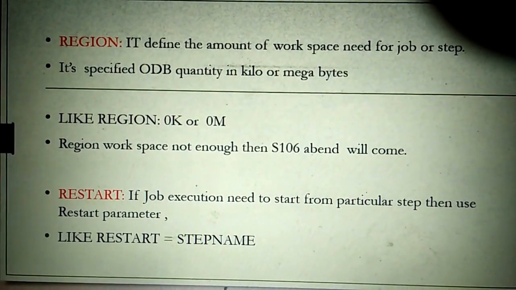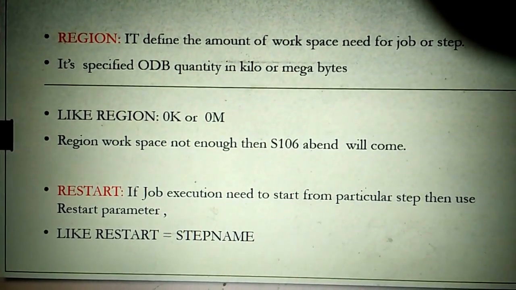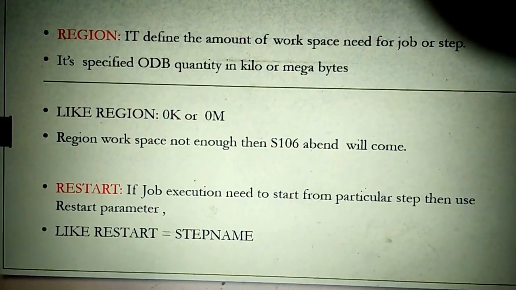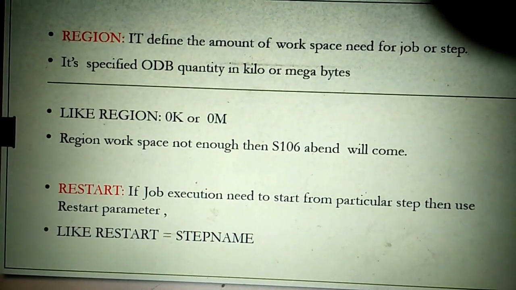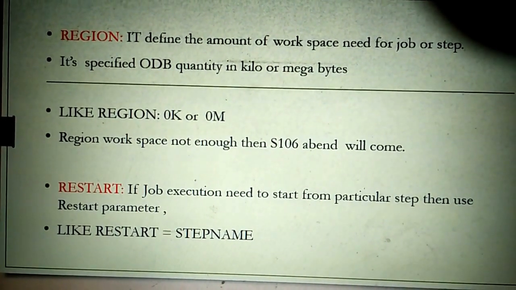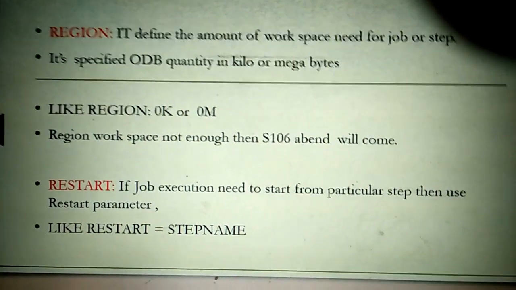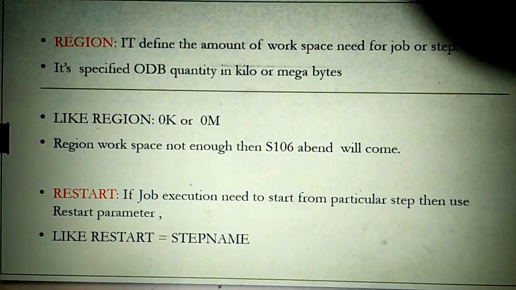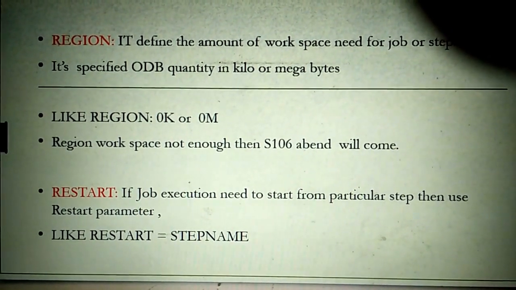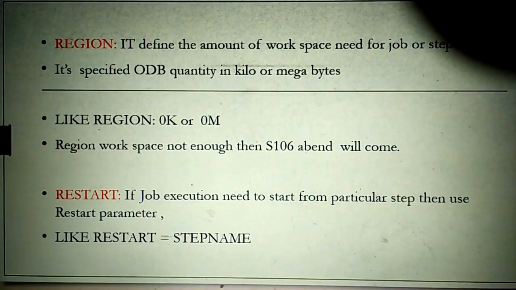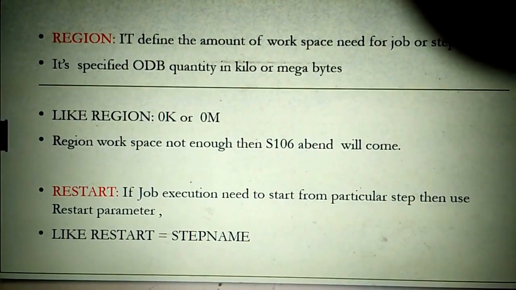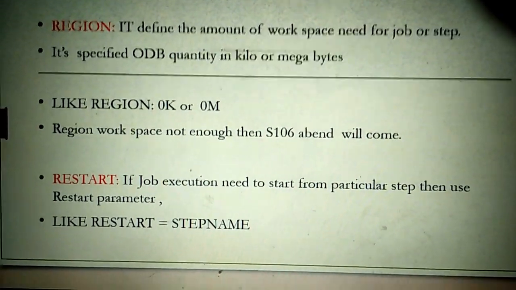If we need more storage, then we use the region parameter. If we give some space in the region parameter and that space is also not enough for storing the data, it will ask for more storage, and at that time S106 will come.